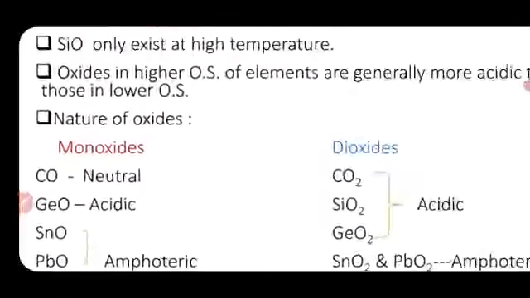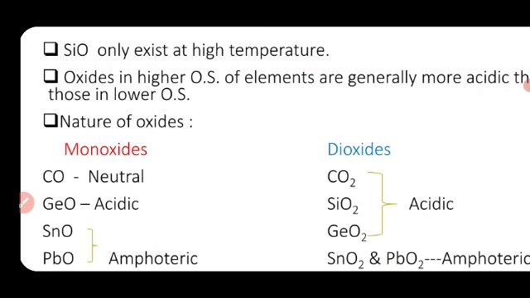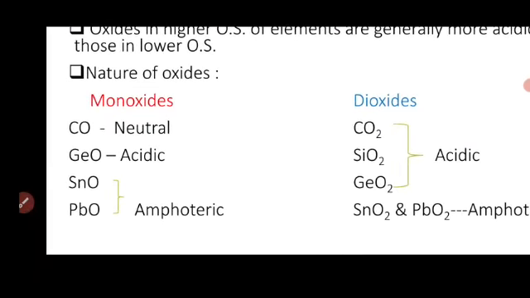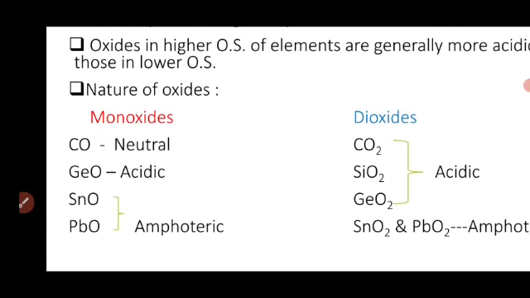Now these oxides are not all similar or all acidic, they show different behavior. Let us see the monoxides: carbon monoxide, germanium monoxide, tin oxide, lead oxide. Out of that, carbon monoxide is neutral, whereas germanium oxide is acidic, and tin oxide and lead oxide are amphoteric. Amphoteric means they react with acid as well as base.